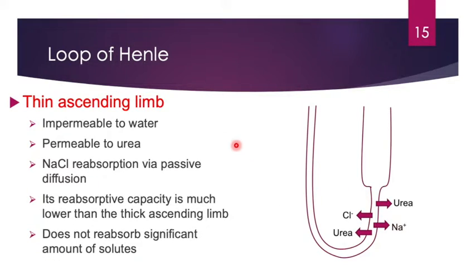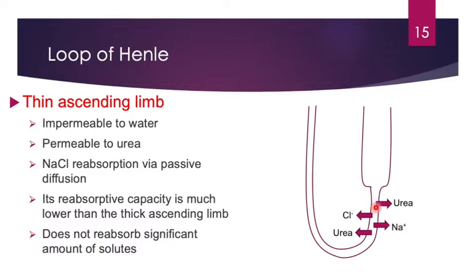On the other hand, the thin ascending limb, unlike the thin descending limb, is not permeable to water, meaning water is not reabsorbed at this limb. This impermeability of the ascending limb to water is important for the countercurrent multiplication process. This limb is permeable to urea.